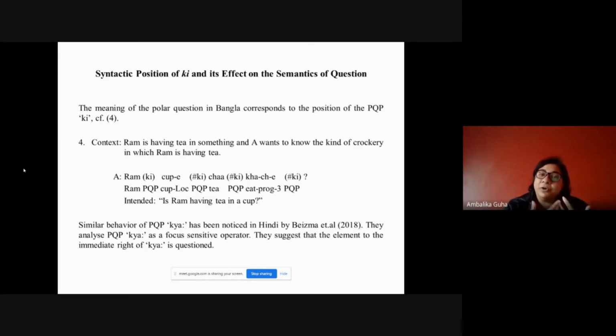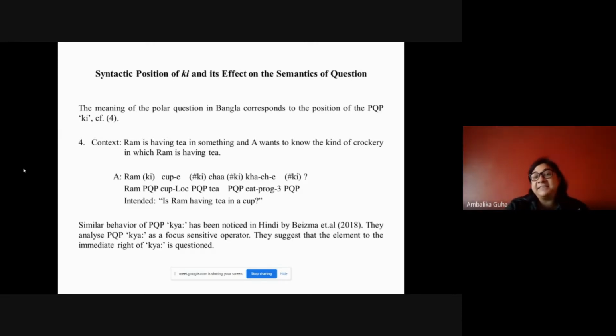If you have a polar question with a ki marker, then the meaning of the polar question changes depending on the position of ki. For example, take the context in 4, where Ram is having tea in something, and A wants to know the kind of crockery in which Ram is having tea.